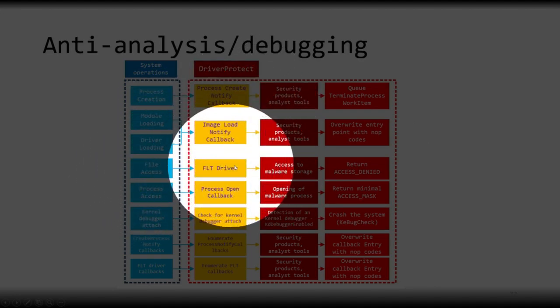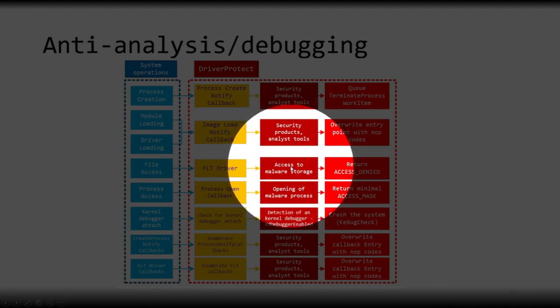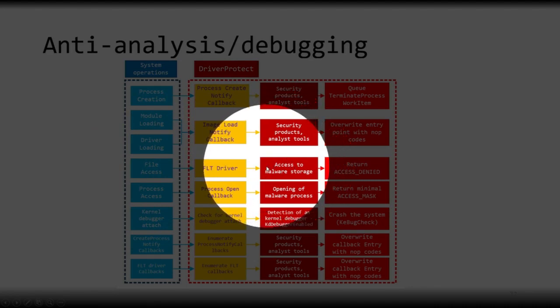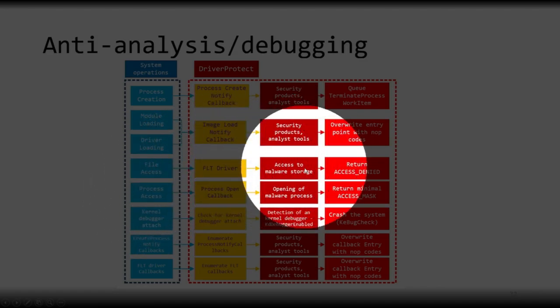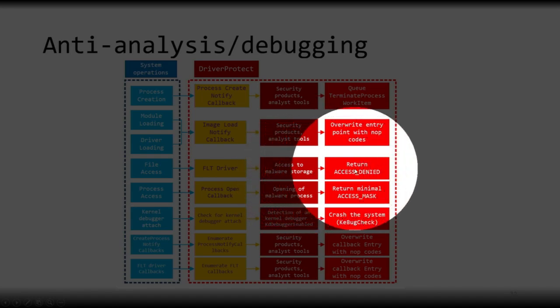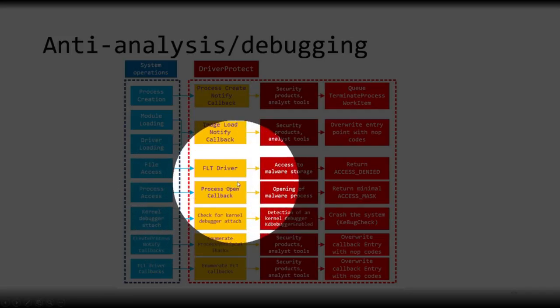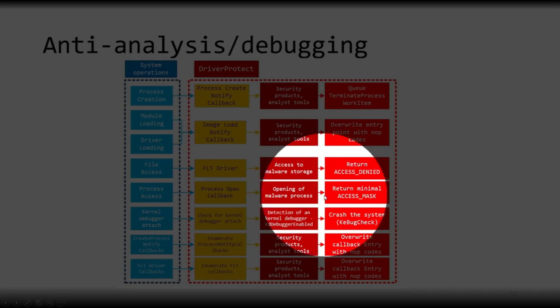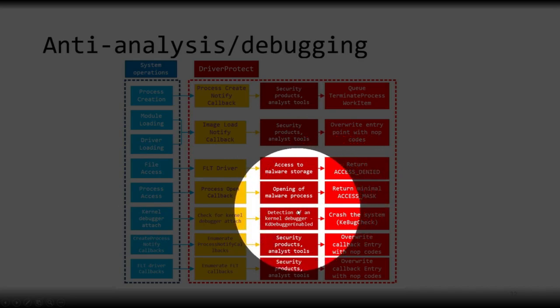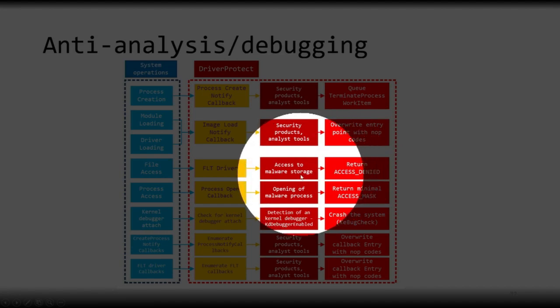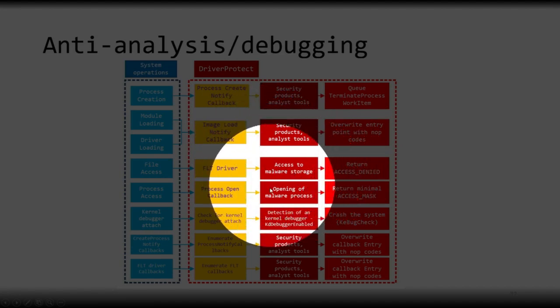And any file access to this protected storage, they have their own file directory where they save their own drivers or files. And that directory will be protected. You can't access those files from a user mode component. So any process trying to open the user mode process will get access denied to the target system. So if you try to debug the target process, even WinDbg will not work.